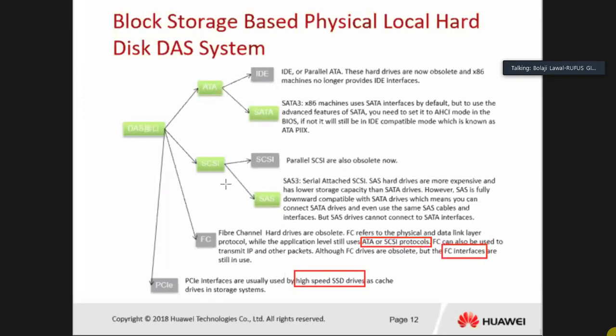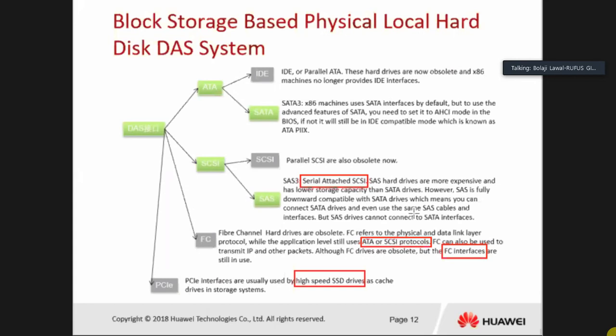SAS uses SCSI. Direct attached storage supports SCSI and SAS. SAS means serial attached SCSI, which is this. For many of you wondering what SAS is, it is serial attached SCSI. SAS hard drives are more expensive, which is true, and have lower storage capacity than SATA drives.